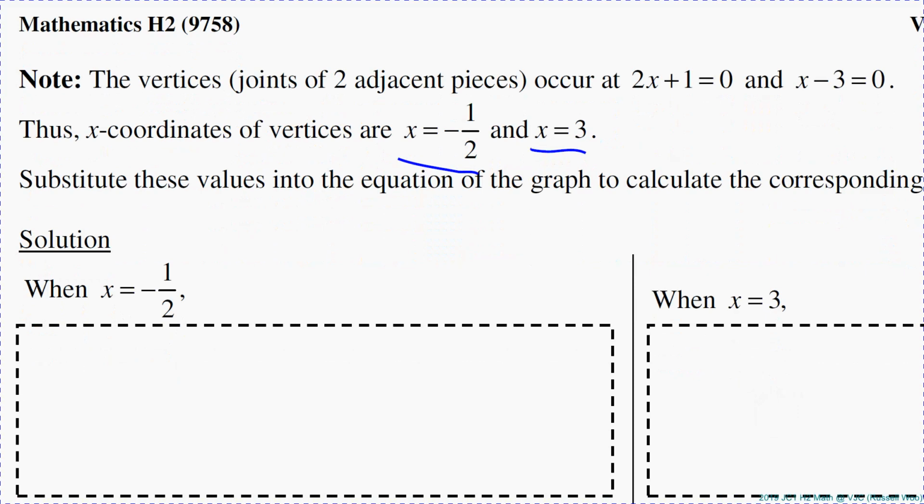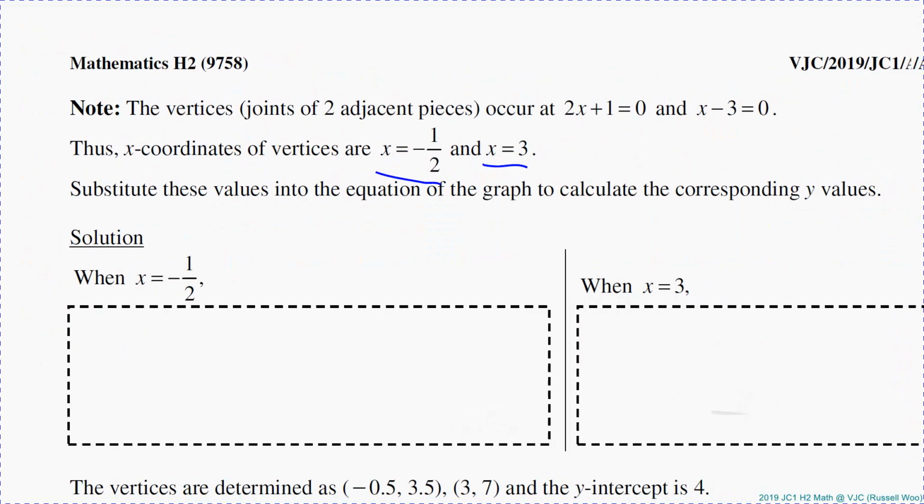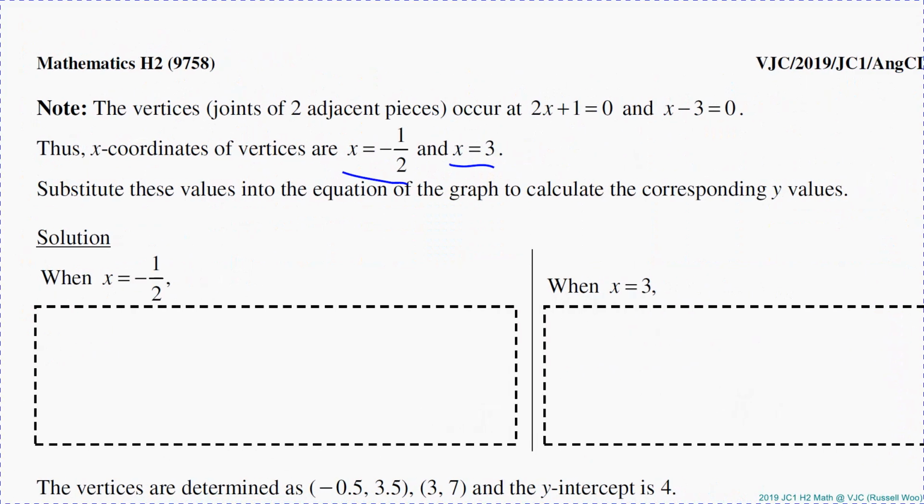Now, I don't want to say too much on how to calculate this. In fact, you can use your GC to calculate. You can do it either by hand or use GC. If you have sketched the graph on your GC, you can substitute x equals to minus half into the GC and the GC will help you calculate.